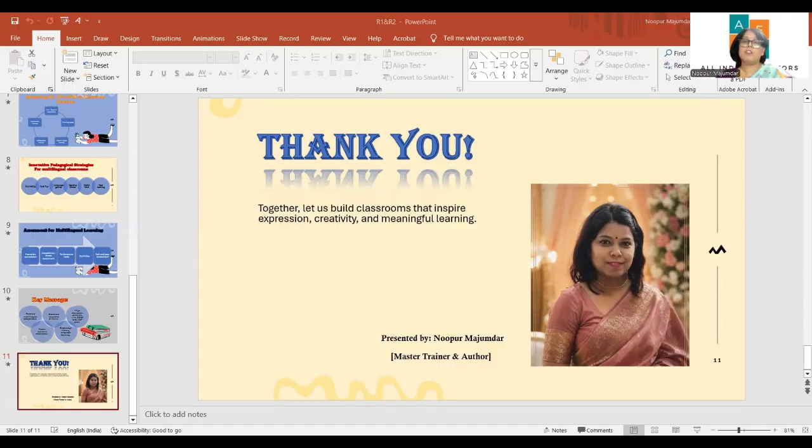Today we explored the vision of the R1, R2, and R3 framework, understood its alignment with NEP, NCF, and CBSE's secondary curriculum, and discussed practical strategies for implementing it in our day-to-day teaching practices.